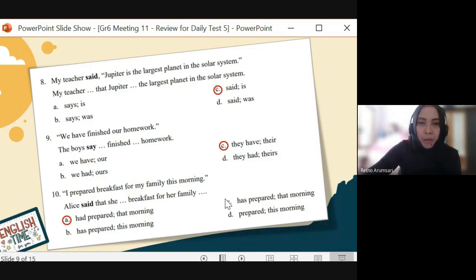You never want to look at B and C if the reporting verb is said. Had prepared: you change verb 2 into had plus verb 3. You change this morning into that morning. All right. Thank you, Malik.